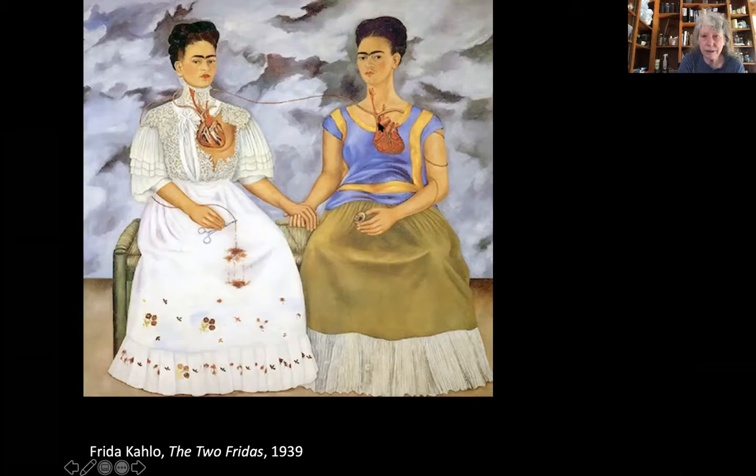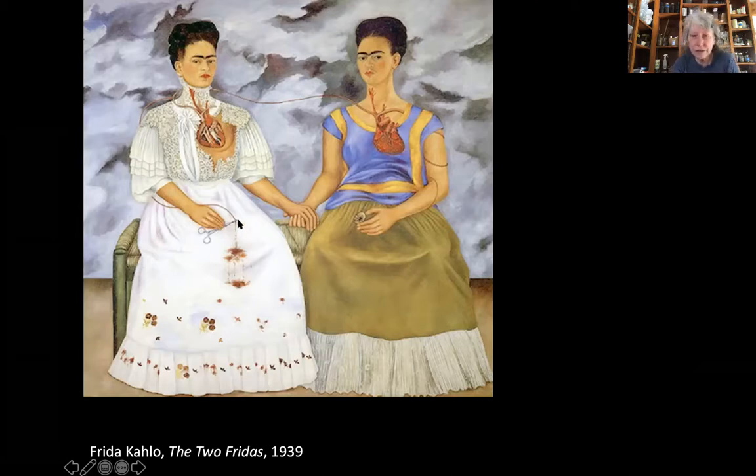So in both cases, the heart is exposed, but in this case, it's still sort of under the skin. And in this case, it's like floating on the outside of her dress. So that's pretty surrealist. And she's holding this little portrait of herself and Diego with this hand. And there's like an artery connecting the heart of this figure to the heart of the other figure.